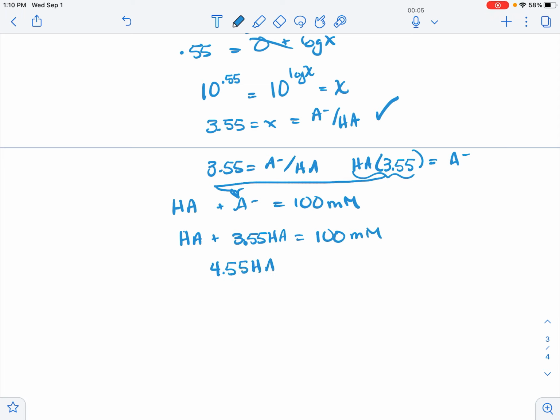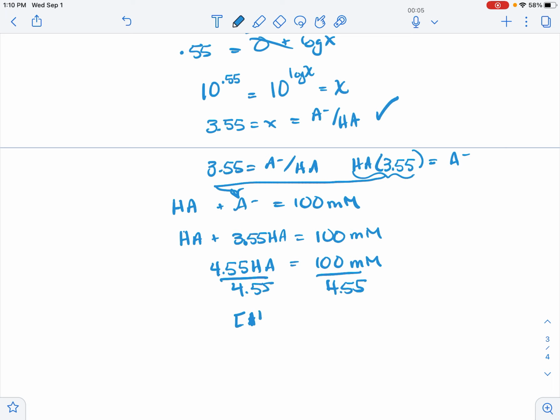4.55 HA equals 100 millimolar. Then I'm going to divide both sides by 4.55 to get the concentration of HA. So 100 divided by 4.55 is roughly 22.